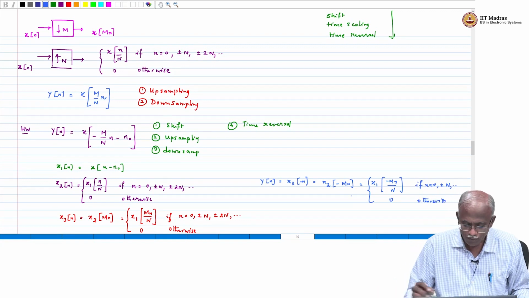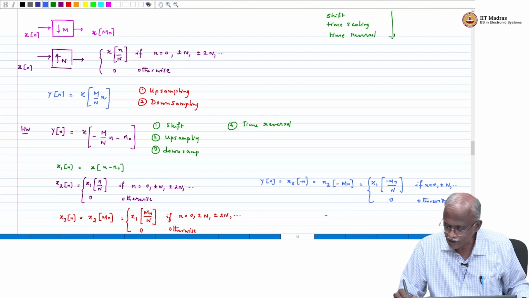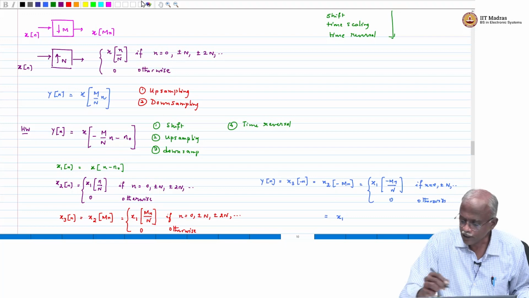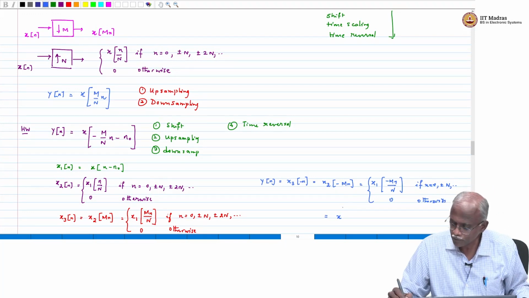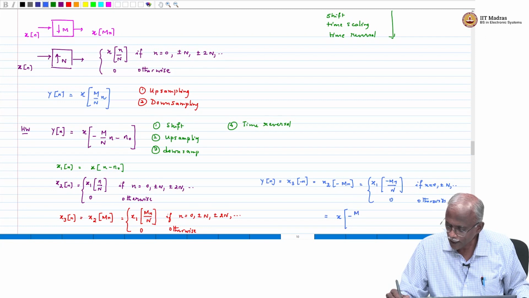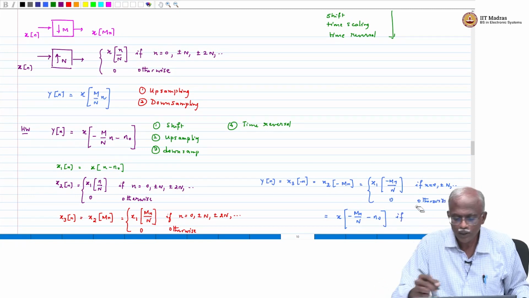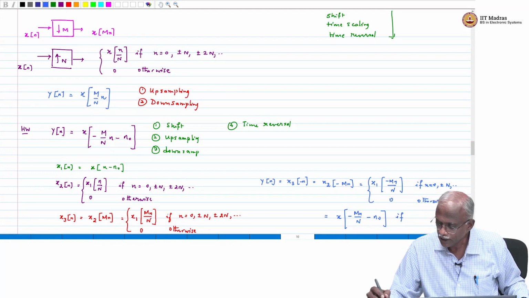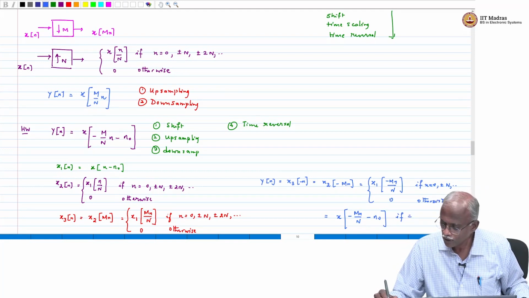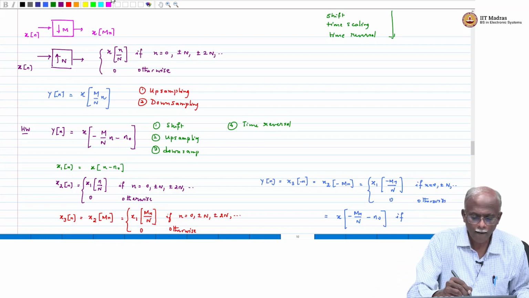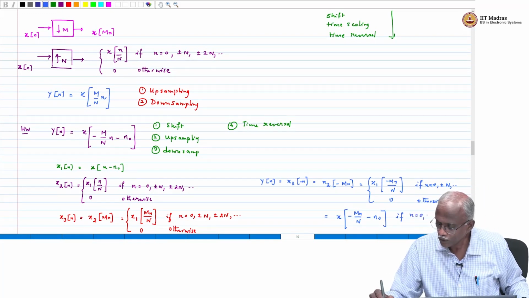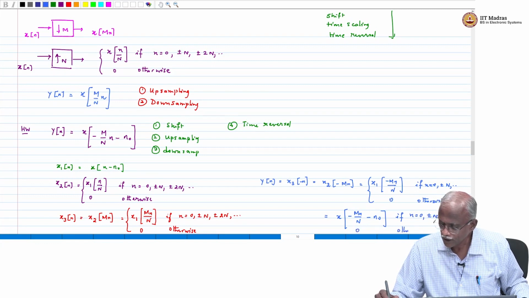And what is x1 of n? x1 of n is this argument delayed by n naught. So, this is equal to x of minus Mn by N minus n naught, if n equal to 0 plus minus N and so on, and 0 otherwise.